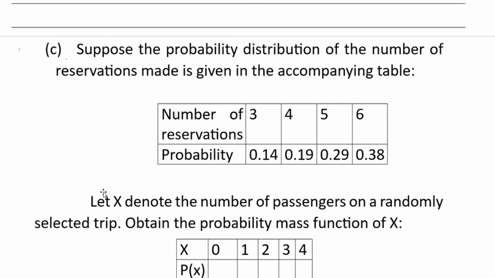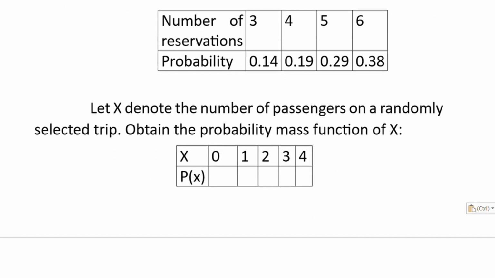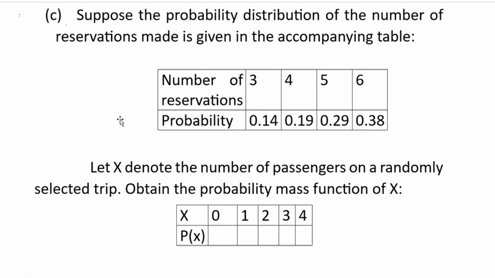Right? Now comes part C, that is the last part of the question. This part is a little bit lengthy and tricky also. So listen carefully, right? The question says that the probability distribution of the number of reservations made is given in the accompanying table. In this part, the number of reservations can be 3, 4, 5 or 6.